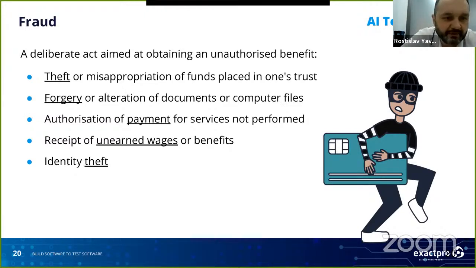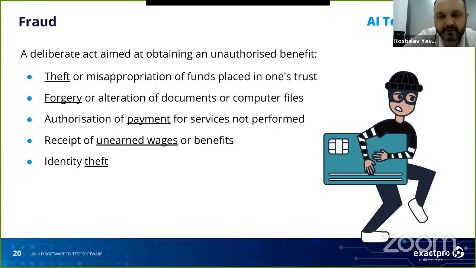Another example is identity theft, which is, unfortunately, a quite wide example of fraud. So surely this is not something new.